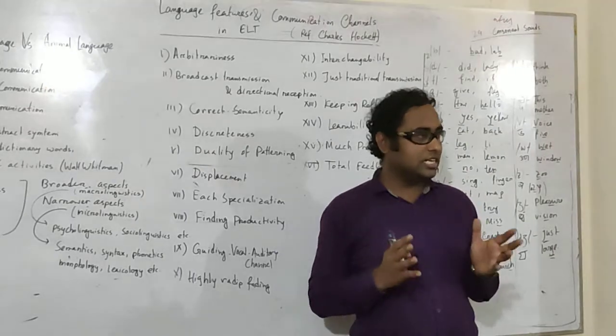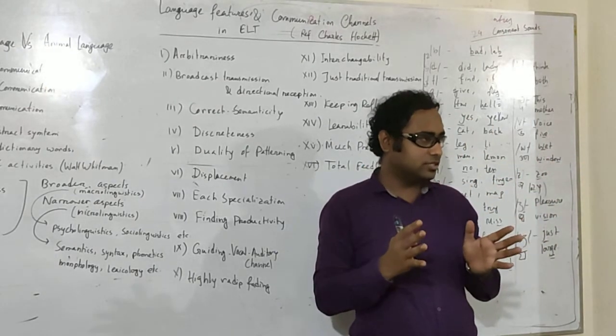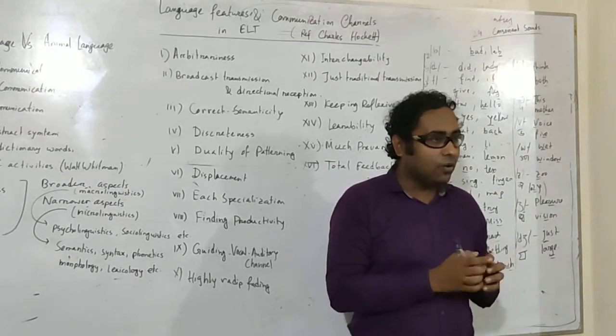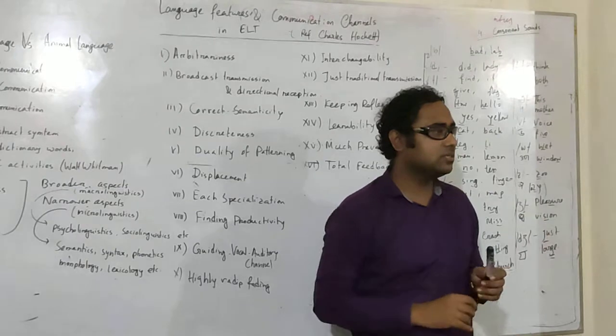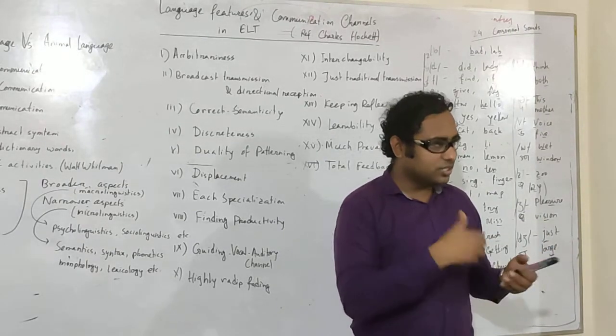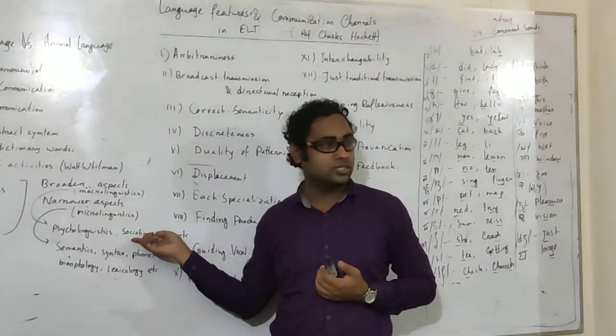Psycholinguistics deals with psychology and language, the psychological aspects of language. How did a child learn a language? How did you learn English? It needs research. It's not possible to just say. Without research, verification is not possible. And the same is the case with sociolinguistics.